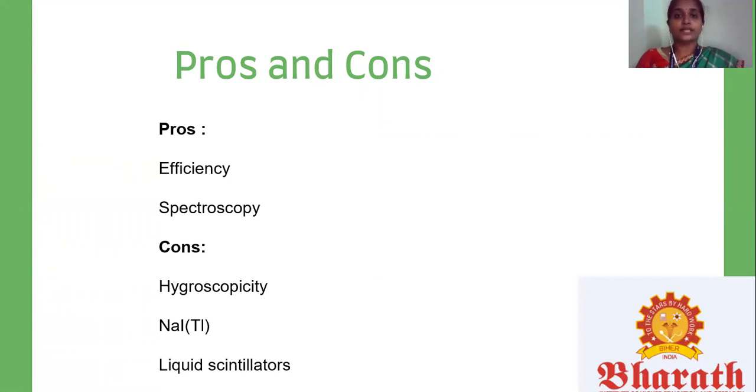Efficiency. The advantage of a scintillation counter is its efficiency and the high precision and counting rates that are possible. The latter attributes are due to the extremely short duration of the light flashes, about 10 to the minus 9 seconds for organic scintillators to 10 to the minus 6 seconds for inorganic scintillators. Spectroscopy: the intensity of the flashes and the amplitude of the output voltage pulse relate to the energy, as well as the number of the exciting particles, like gamma photons.